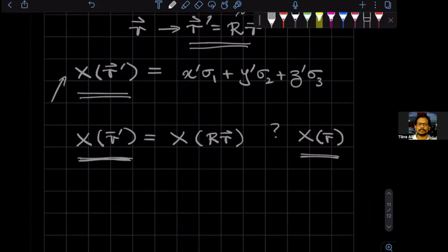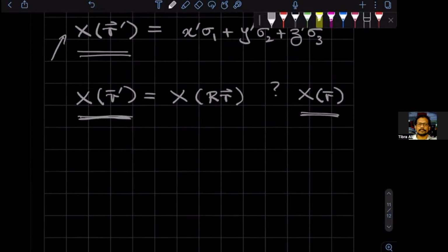This is obviously also a Hermitian matrix. So because both X of R and X of R prime are Hermitian matrices, if they're going to be related somehow, then that relationship has to be in this form.